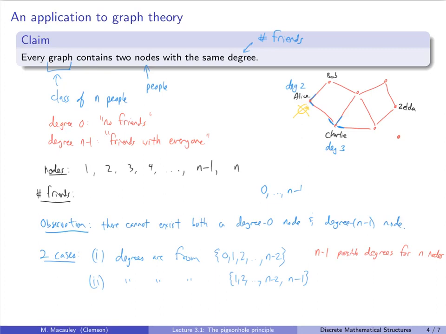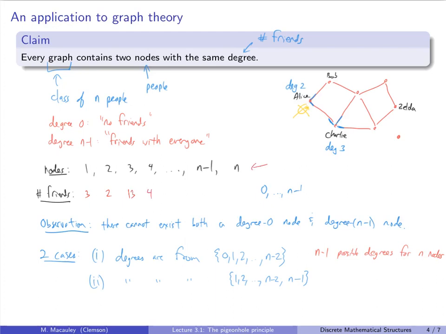So we are assigning to these n nodes, these represent the pigeons, and the number of friends are the pigeonholes. So we're saying node 1 has 3 friends, goes in hole 3. Node 2 has 2 friends, goes in hole 2. Node 3 has 1 friend. Node 4 has 4 friends, and so on.